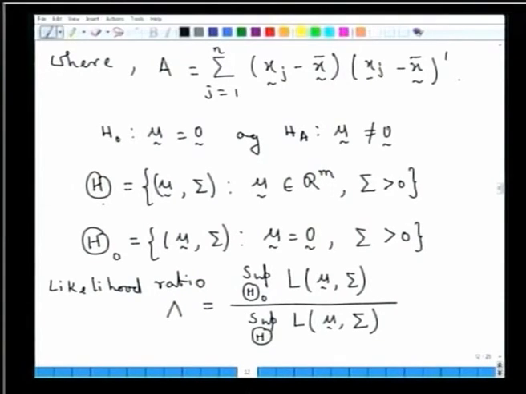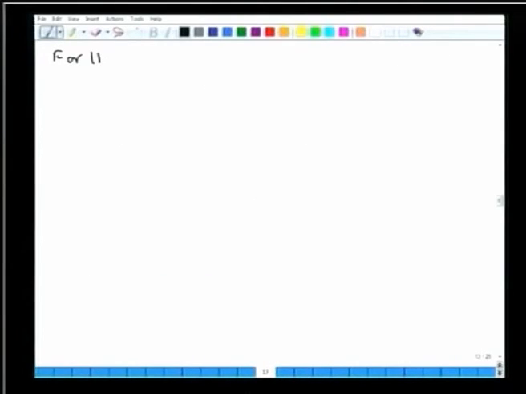Now in order to do that, we would require the maximum likelihood estimates of the unknown parameters under the two setups. For the unrestricted setup, that is for script theta, we know what the maximum likelihood estimators are.